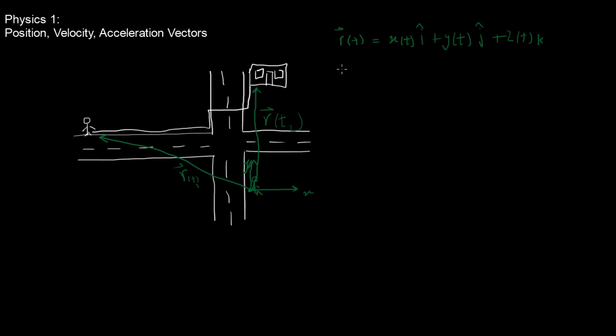Now let's define an average velocity. So let's say delta r, that means r at t2 minus r at t1, and divided by delta t, which is just t2 minus t1. This we call average velocity.